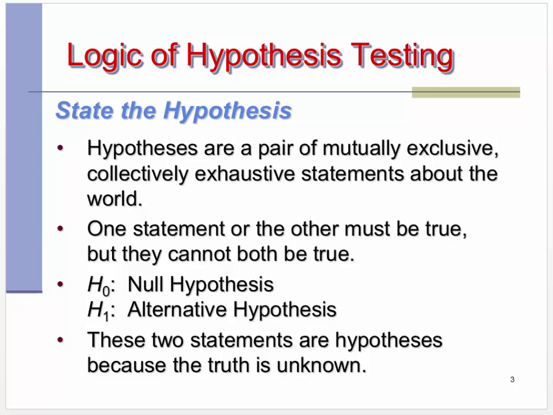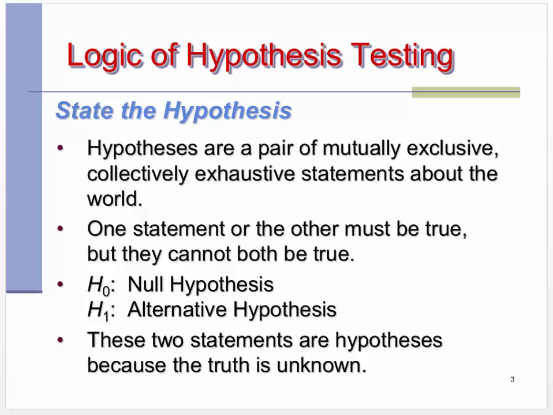State the hypothesis. How we phrase and say the hypothesis is kind of different from our normal everyday saying about things, or what we guess. It's a unique statistical way that you have to get familiar with. Hypotheses are a pair of mutually exclusive, collectively exhaustive statements about the world.